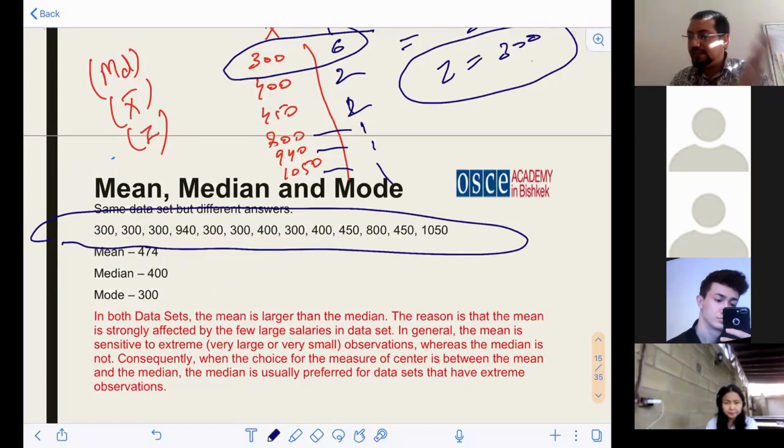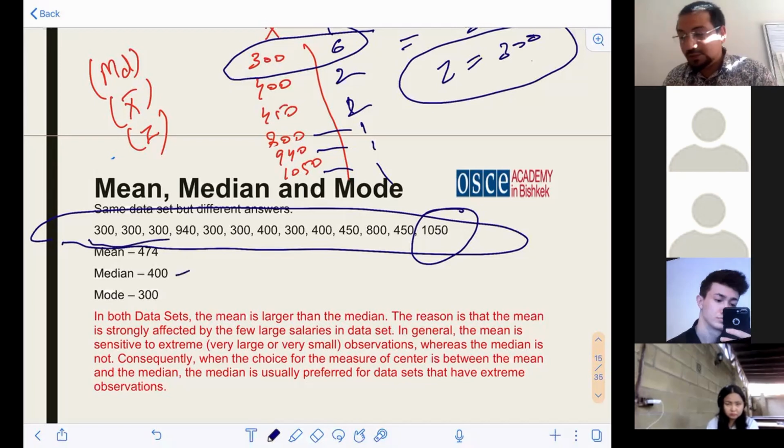Most of the people earn that, but there is just one guy in the entire company who is getting $1,050 a month. Because of the mean's nature, it considers him as part of the average.